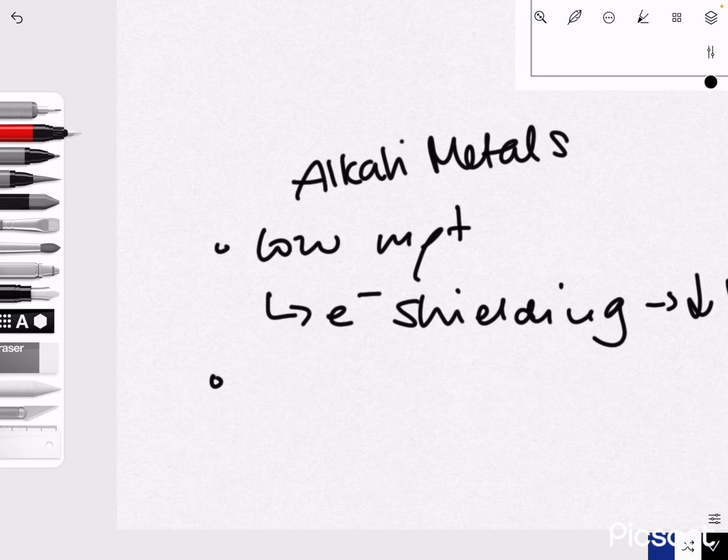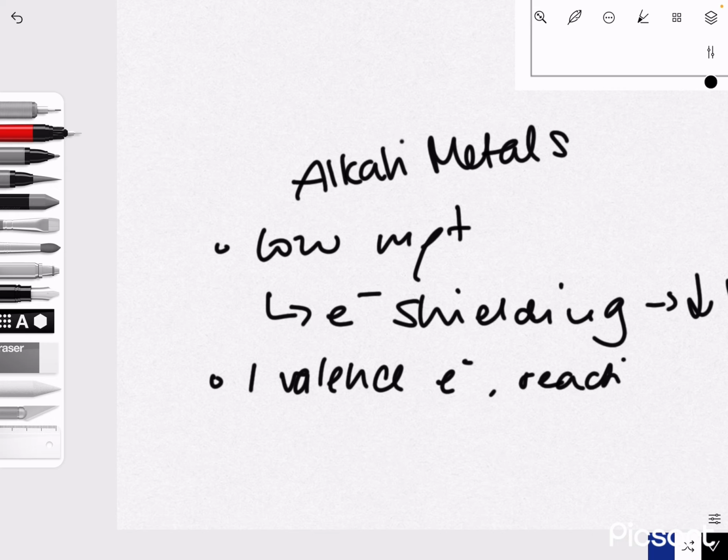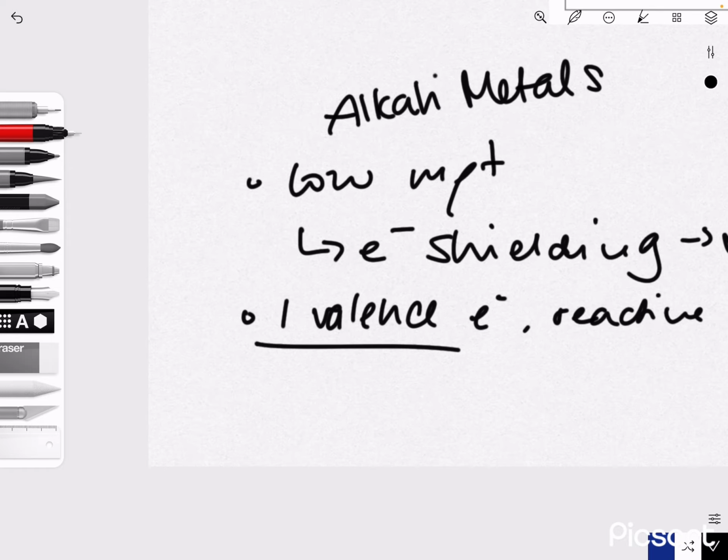As they only have one valence electron, they tend to be very reactive and will easily lose this singular valence electron to have a full energy level, because full outer energy levels equal stability. And these atoms, they tend to be quite large. So you've got large atoms.